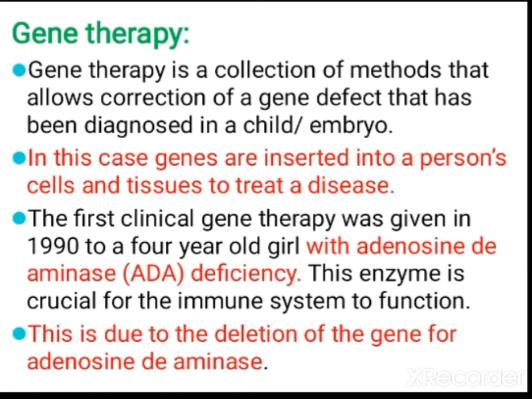To treat the disease, we give the correct gene. The first clinical gene therapy was given to a 4-year-old girl. She was suffering from a disease called adenosine deaminase deficiency, ADA deficiency. Adenosine deaminase is an enzyme important for immune system function.